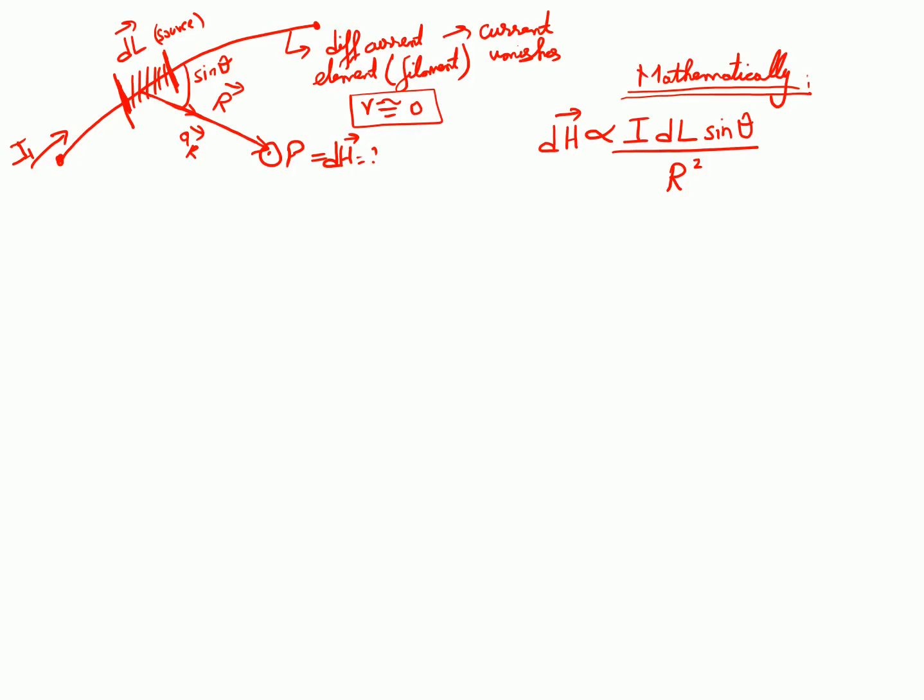So this is the mathematical representation in free space. So this equation is always in free space. So this is the mathematical representation of the previous definition that we have seen.